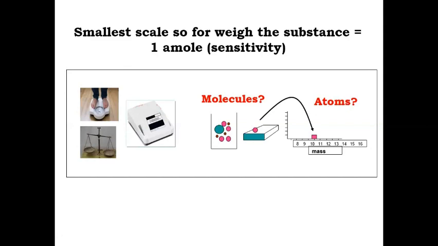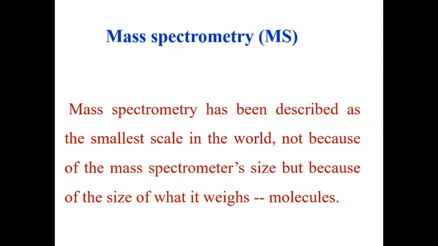Then we use mass spectrometry. Mass spectrometry describes the smallest scale in the world, not because of the mass spectrometer's size, but because of the size of the molecules it weighs.